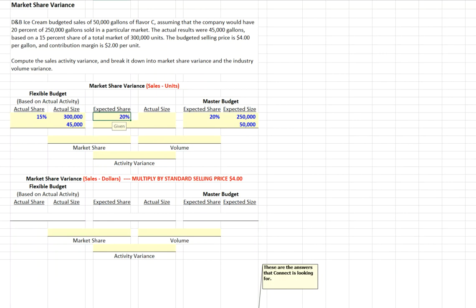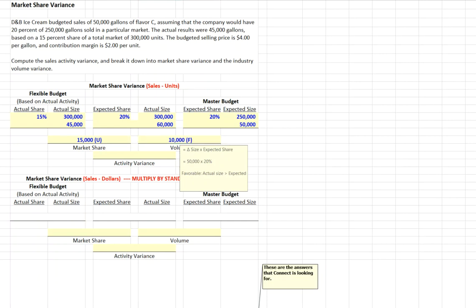Our expected market share again was 20%. That was given. The actual market size was 300,000, and had we gotten 20% of the actual market, we would have expected to sell 60,000 gallons. And again, we only sold 45,000 gallons, so we have an unfavorable 15,000 gallon market share variance. Our volume variance is 10,000 and it's favorable.